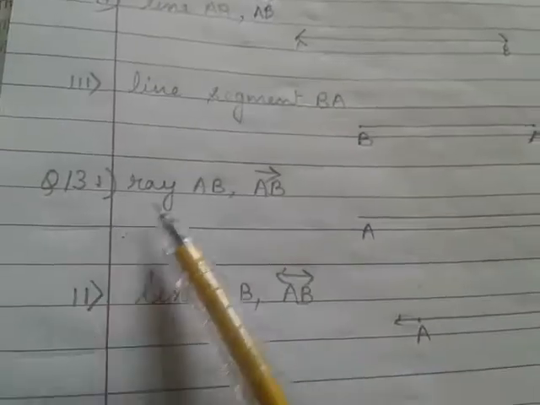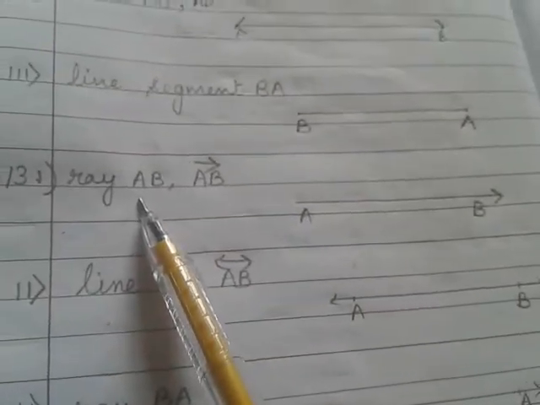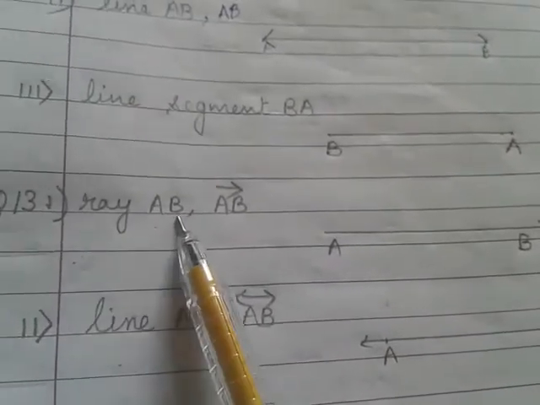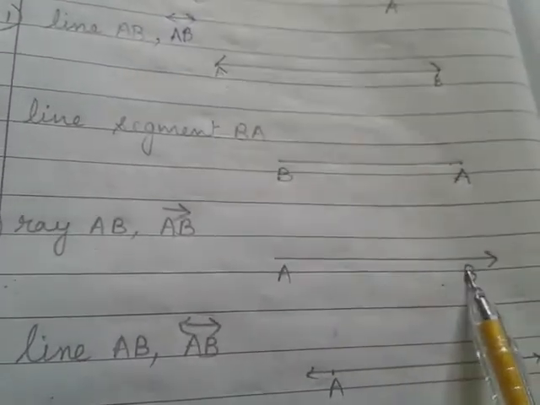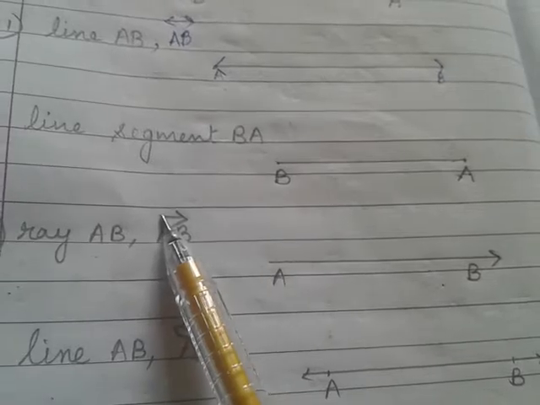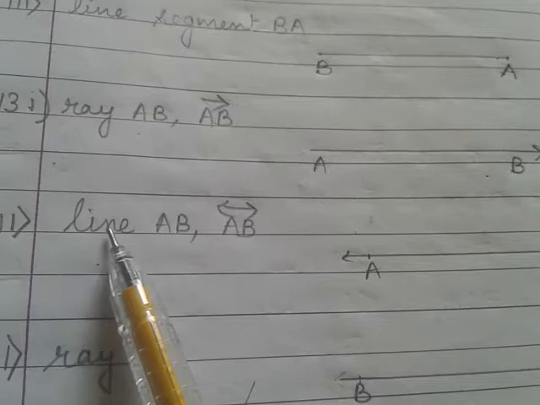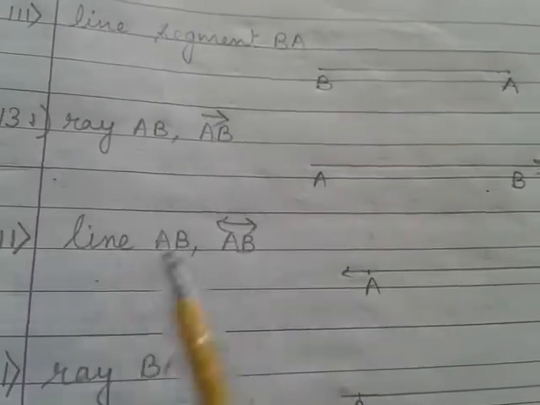Question number 13, same type, you have to draw the figures. Ray AB: the initial point is A, and here B. Second, line AB. Since it is a line, I have given this symbol.